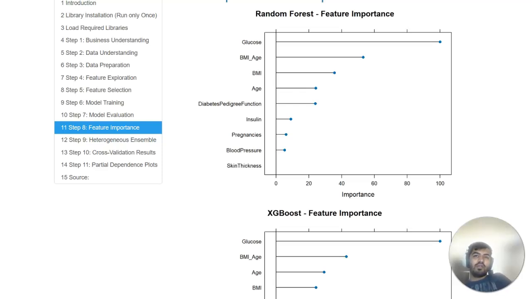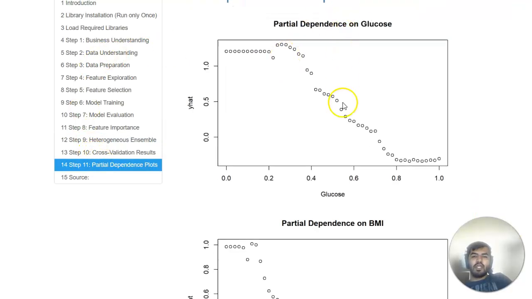To further understand how glucose and BMI impact prediction, I created a partial dependence plot for glucose and BMI.